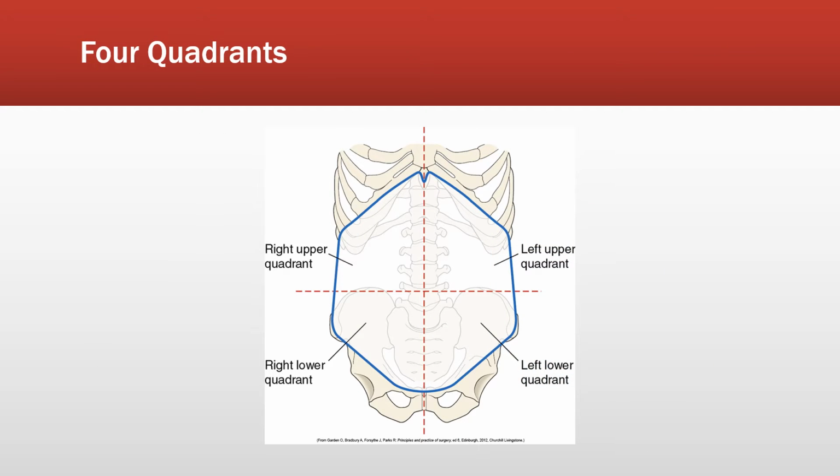So here's just a brief illustration of our 4 quadrants. These are going to be important. They're going to help you familiarize yourself with where your incisions may be, depending on what portion of the anatomy, or the abdomen, I guess I should say, we are working on.